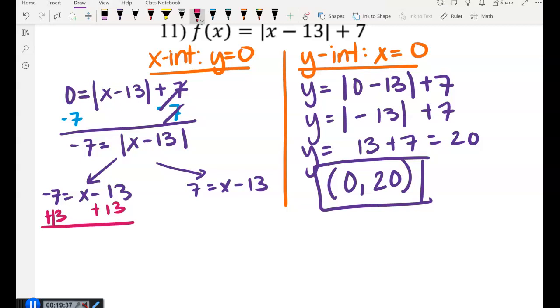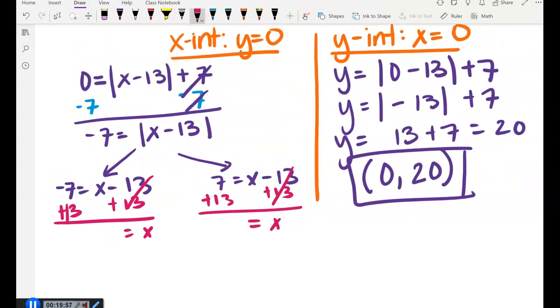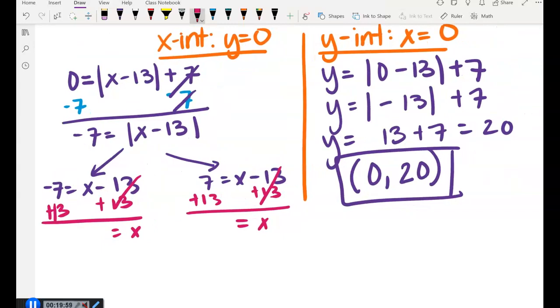Okay, x equals. So Dante, negative 7 and a positive 13 will give us what, bud? How about the other side, bud? 7 and a positive 13.